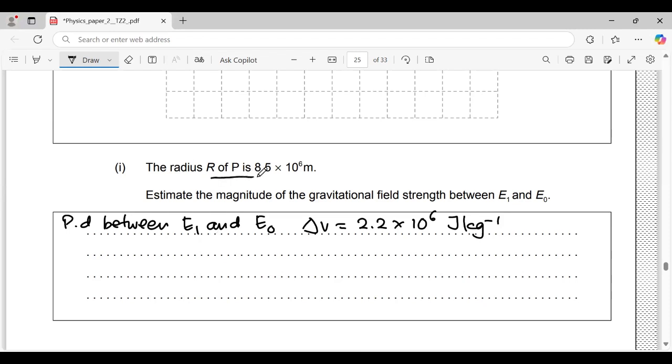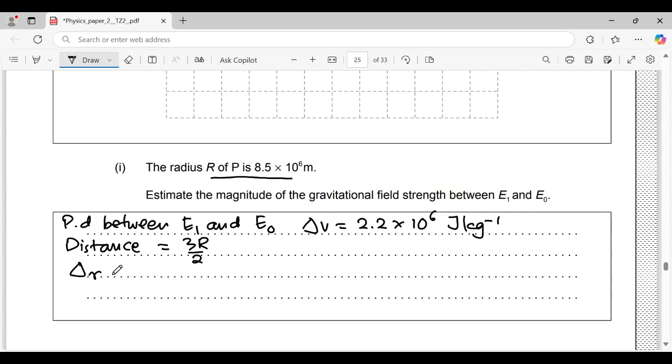Radius, this one, and then distance. The distance from the center to E1 is 3r over 2. Then I'm going to use delta r.